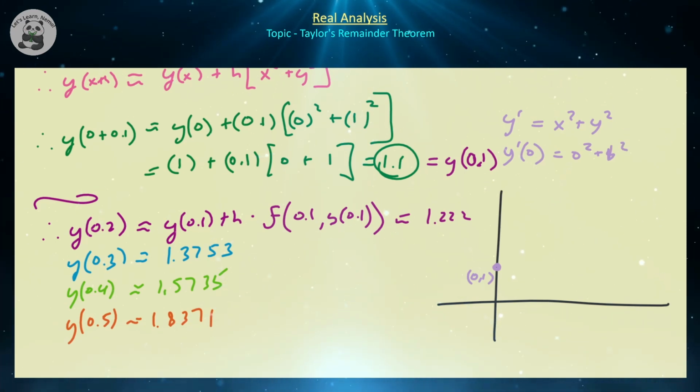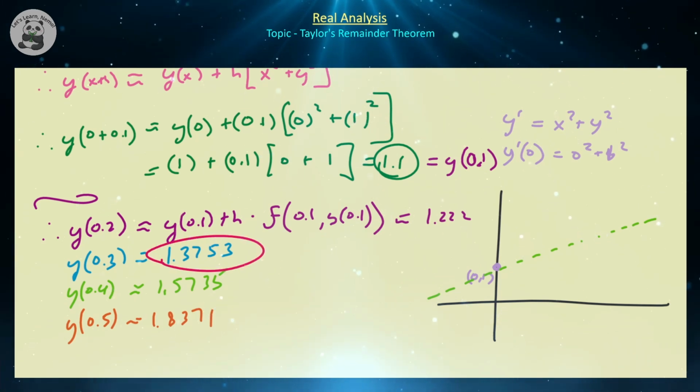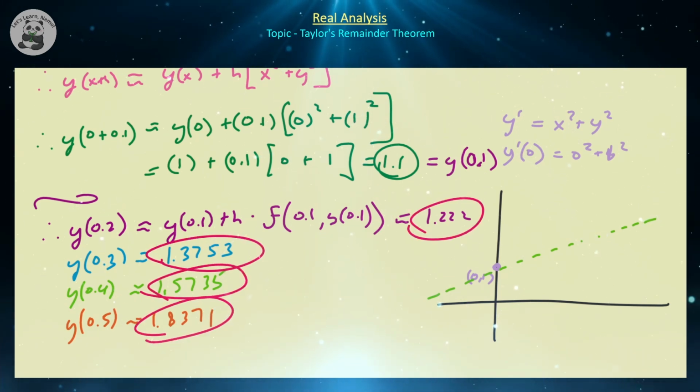So we know that this curve is increasing when x is equal to 0. And according to our values for y at different points, so for example at this point, this point, this point, and this point, what we see here is that this curve is actually increasing at some particular rate.